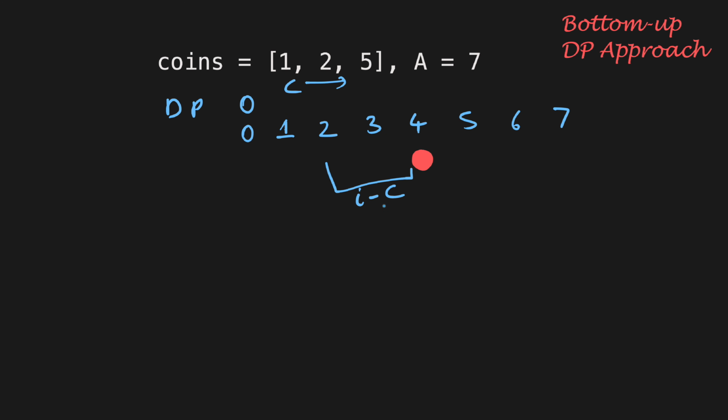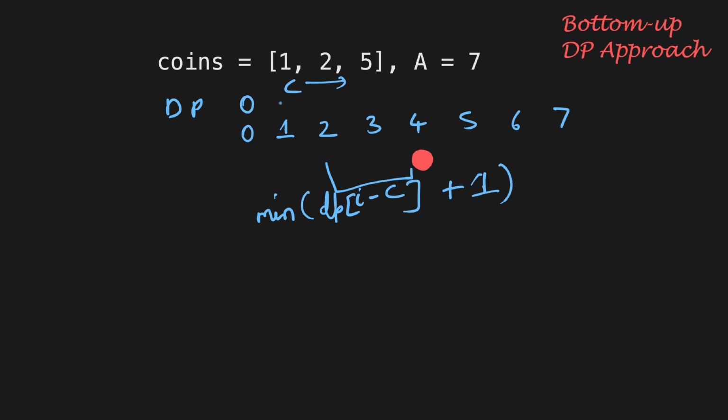Since we are filling the DP table from smaller amounts upwards, as long as the resulting amount i minus c is not negative, we can simply retrieve the value from DP of i minus c. We then add one coin to the value to account for the current coin c, as this coin now allows us to make the current amount i from i minus c. And we repeat this process for all available coins and compute the minimum number of coins among them, as we are looking for the smallest combination.